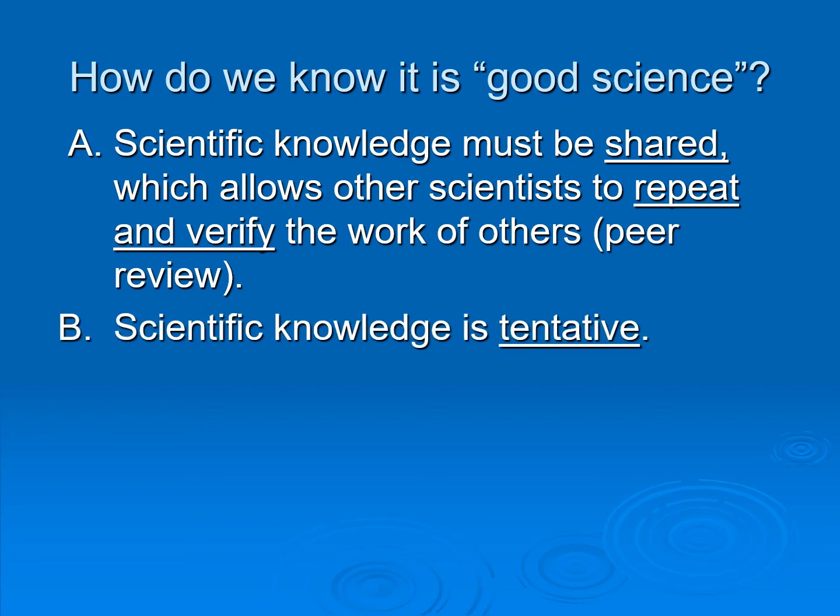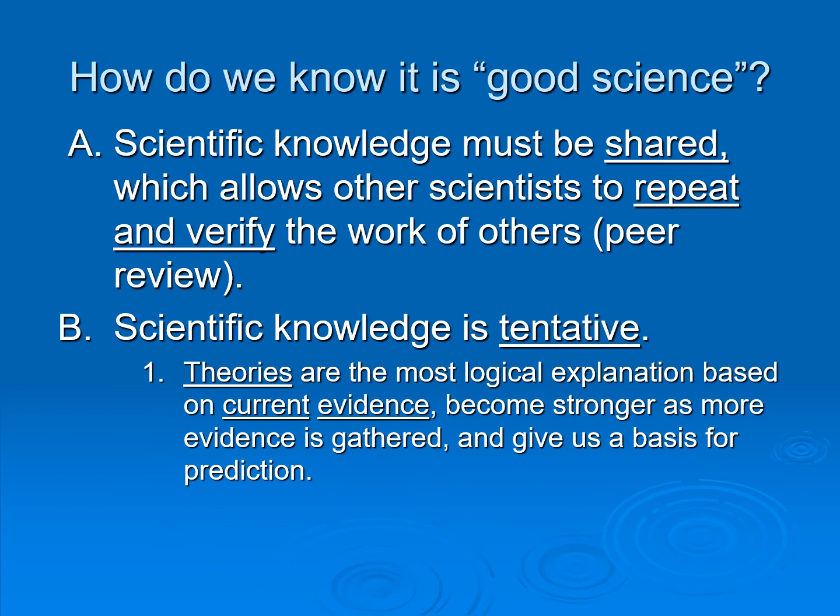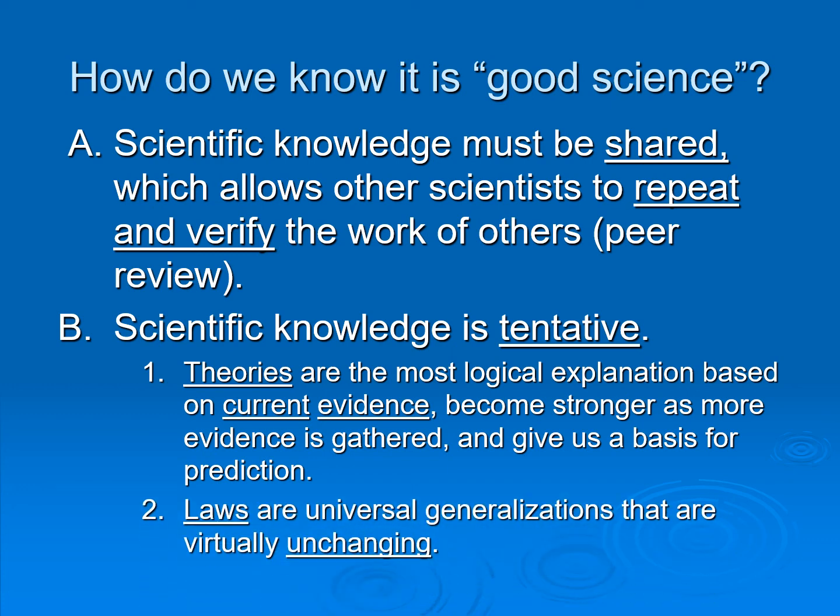All right. And all scientific knowledge is tentative. It can always be changed. Theories are the most logical explanation based on current evidence. And they become stronger every time more evidence that supports that idea is gathered. Laws: when it's a law, it's a big deal. That's universal generalizations that are virtually unchanging.